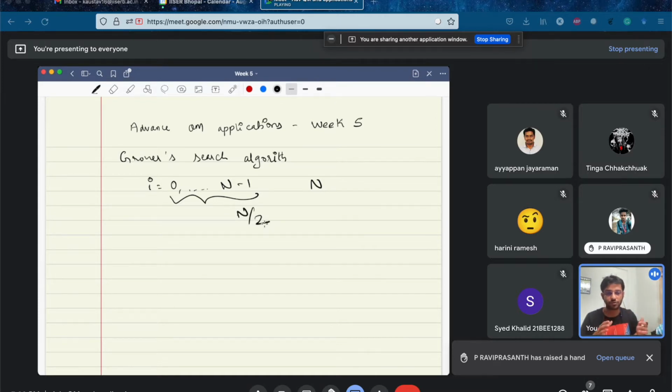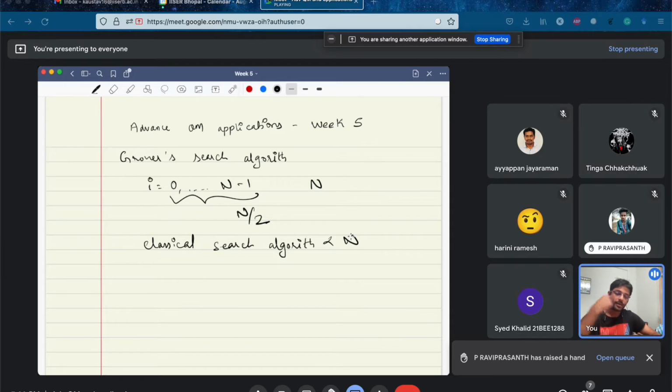So it can be either on the first or it can be on the last also, right? So on an average, it usually takes n by 2 times to find the number. So what we call this as the classical search algorithm usually scales as proportional to n.